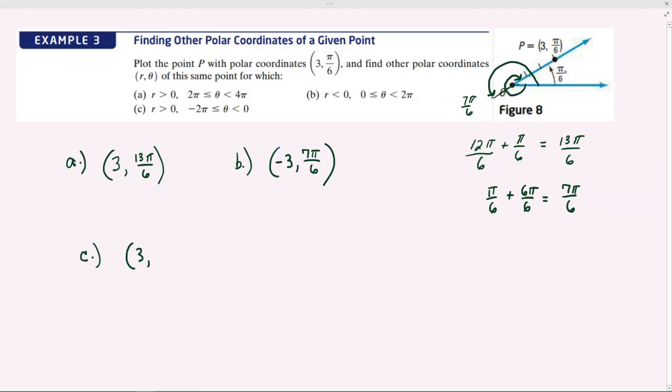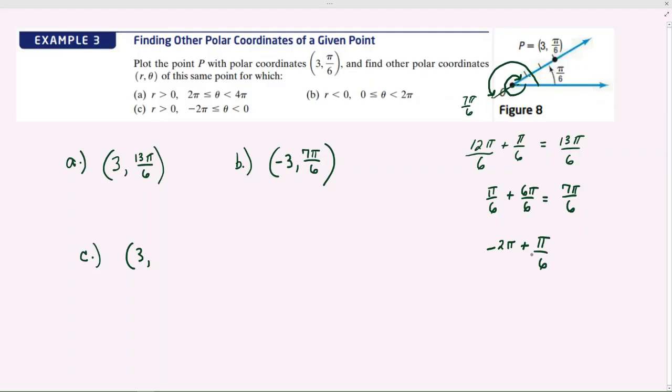So if I just take my pi over 6 and subtract it from that full 2 pi, so a negative 2 pi would take us all the way over here, right? So let's take our negative 2 pi, and we want to go pi over 6 back. There's several ways we could get this calculated, but this is certainly one.